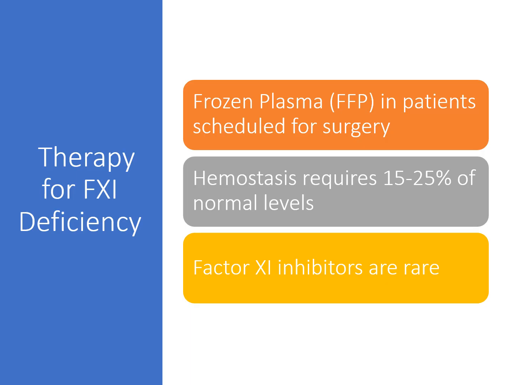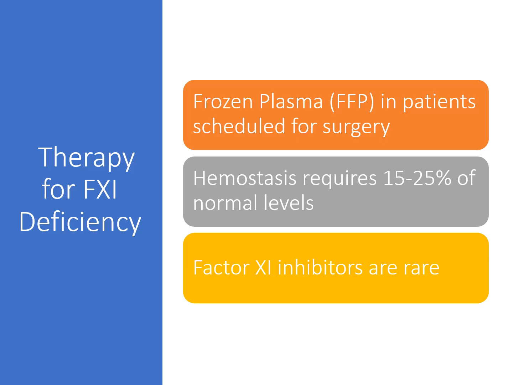So therapy for factor 11 deficiency is going to be very similar to what we have seen for other factor deficiencies. However, there really isn't a specific concentrate for factor 11. We would use fresh frozen plasma in patients scheduled for surgery just to kind of boost their coagulation factors.